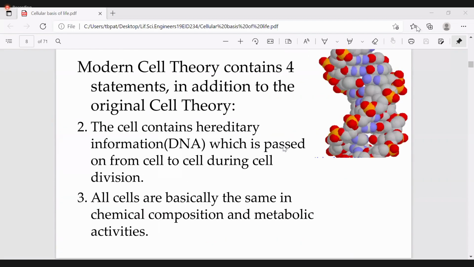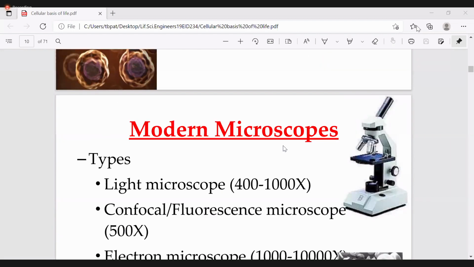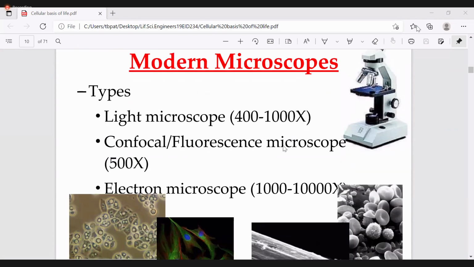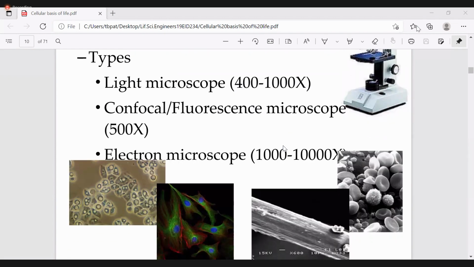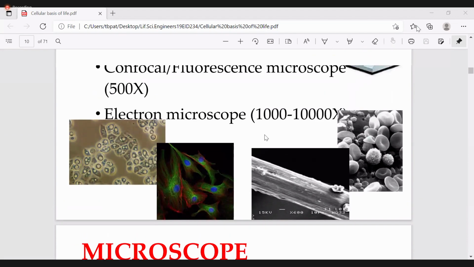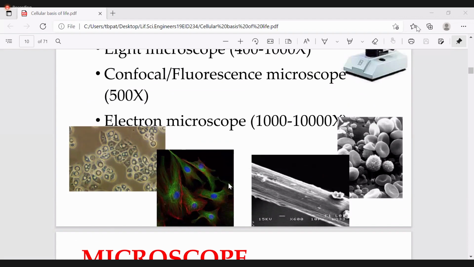Already in our laboratory experiments with the microscope, we identified several types of microscopes and their magnifications. The light microscope magnifies 400 to 1000 times. The confocal and fluorescence microscopes are about 500x, and electron microscopes, SEM and TEM, go from 1000 to 10,000 times.